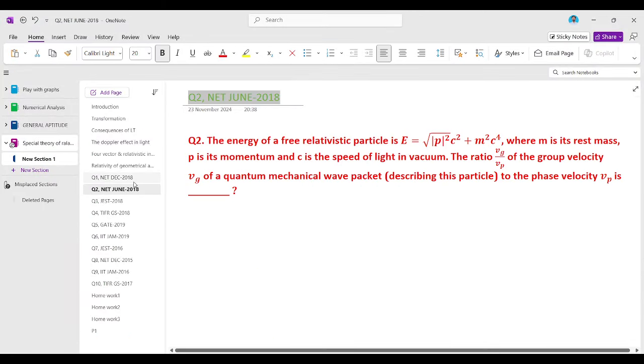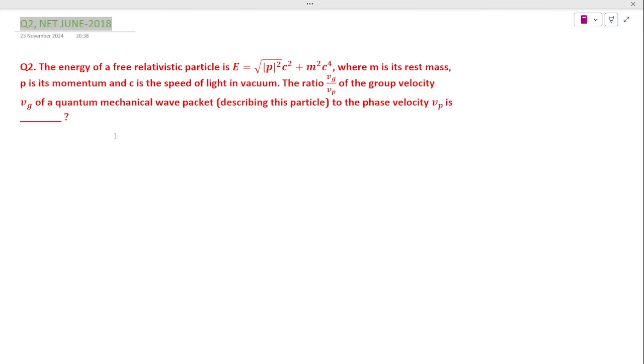Next, CSIR NET June 2018. We have the question: the energy of a free relativistic particle is E equal to root over mod p vector square c square plus m square c to the power 4, where m is the rest mass, p is the momentum and c is the speed of light in vacuum.